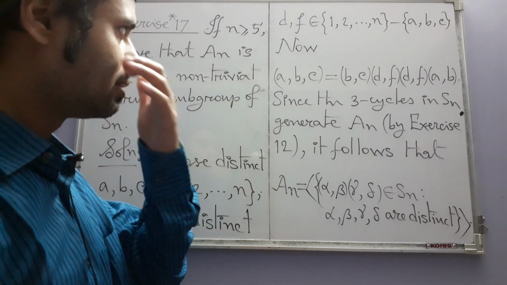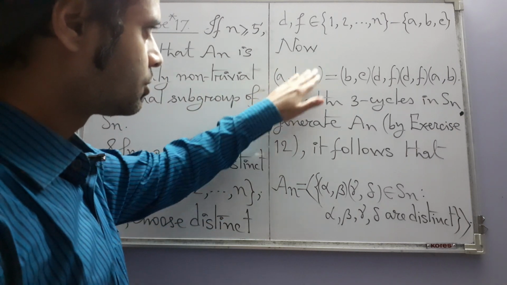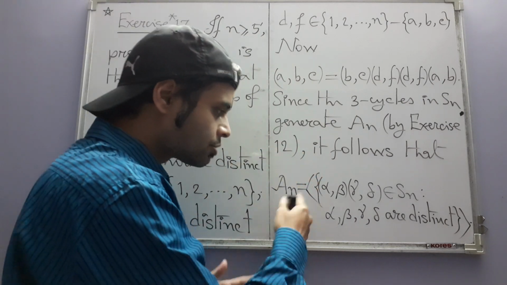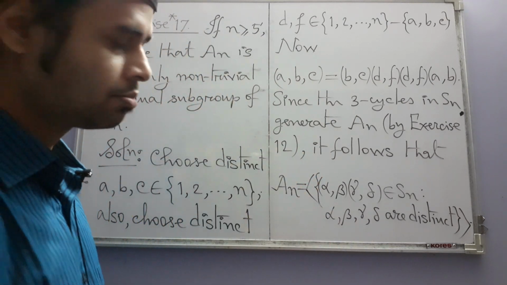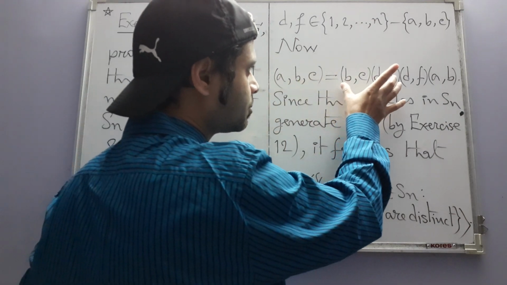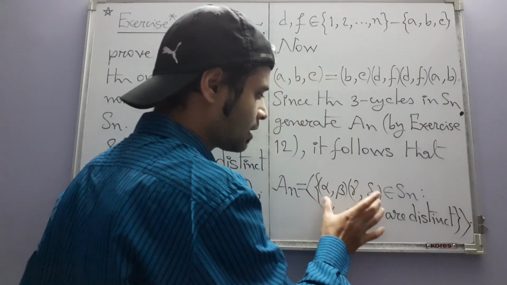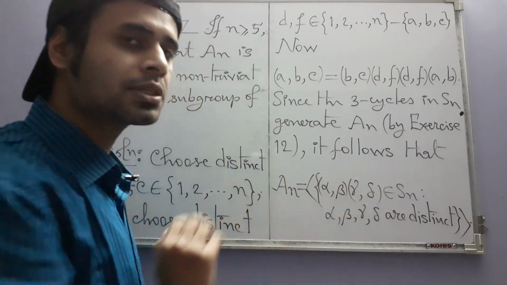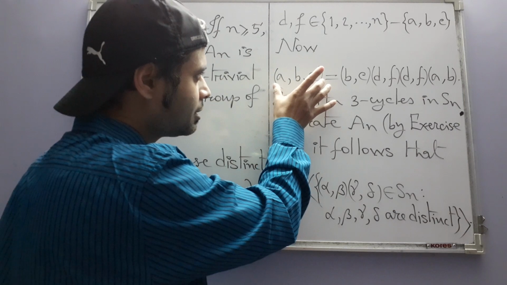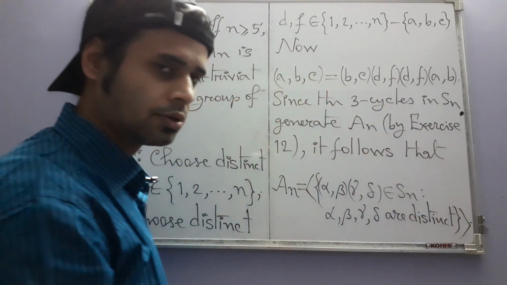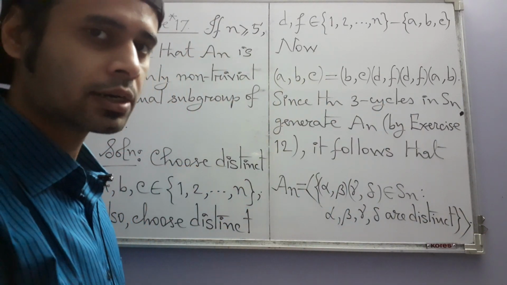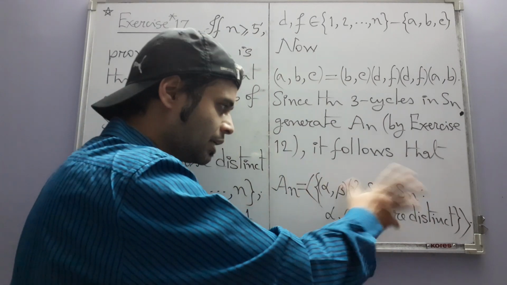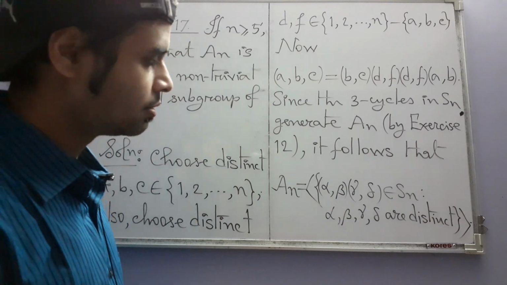So that means that this 3 cycle, which is actually any 3 cycle, belongs to this subgroup. Why? Because it is a product of 2 elements of this type, and this is in fact the subgroup generated by the set of such elements. So that means all 3 cycles belong to this subgroup, but the 3 cycles generate An, so An will be contained in the subgroup that you see on the right side of this equation.